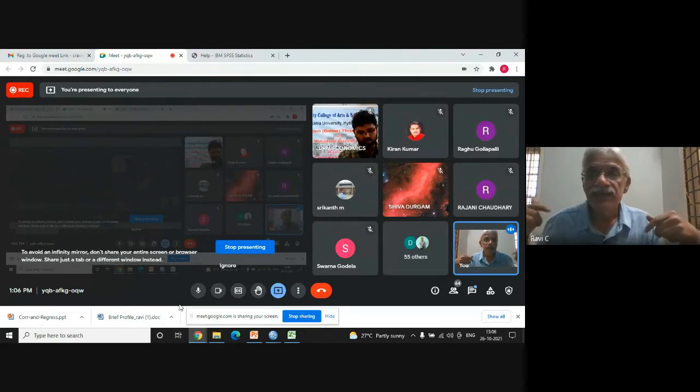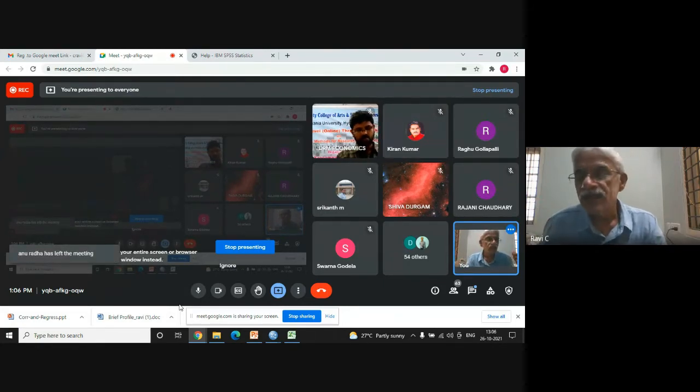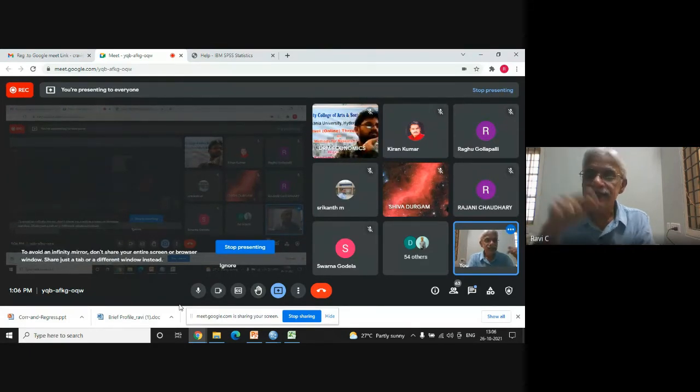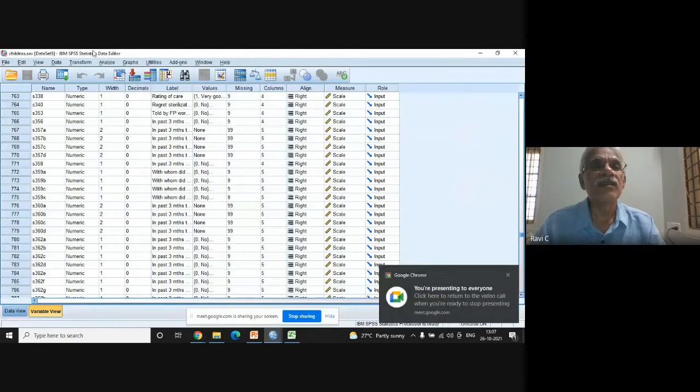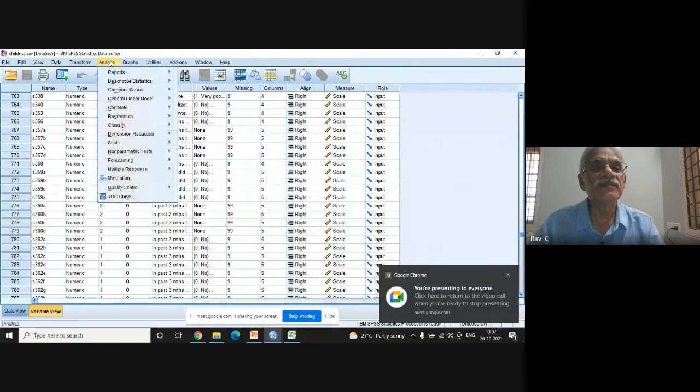That is independent regressions. Will they give you the same coefficient as y as a function of x1 and x2? That is what this particular utility gives you.